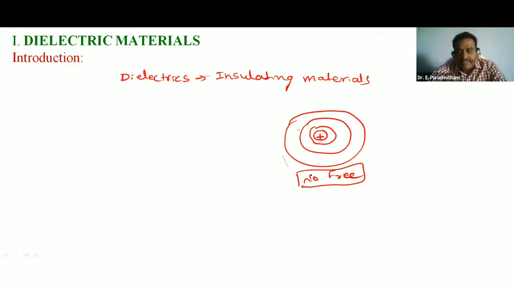If a material has free electrons, that is a conductor. If there are no free electrons, that is an insulator. So dielectrics are insulating materials.